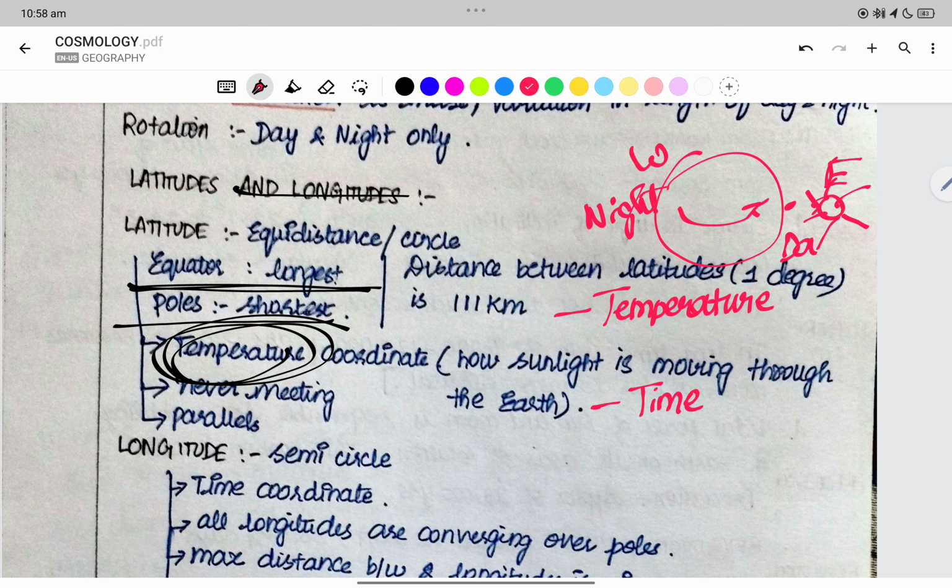Here it is day. So day 6 o'clock, 6 p.m., for example, right? So this entire longitude receives the same amount of temperature. Longitudes are for time and latitudes are for temperature.